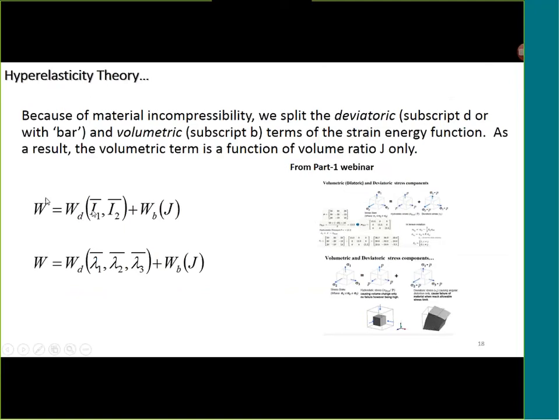So the total strain energy density is split into a deviatoric part and a volumetric part, whether it be in terms of strain invariants or in terms of the principal stretches. So the D component corresponds to the deviatoric part, and the volumetric component, which is nothing but the change in volume, is separated in terms of the volume ratio.